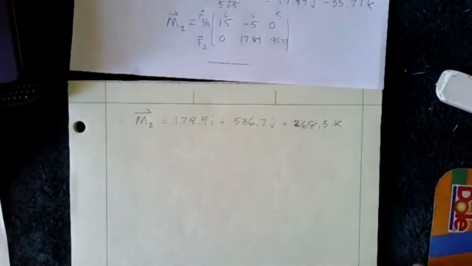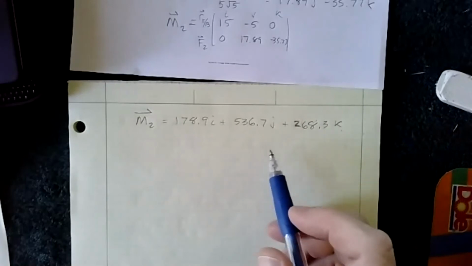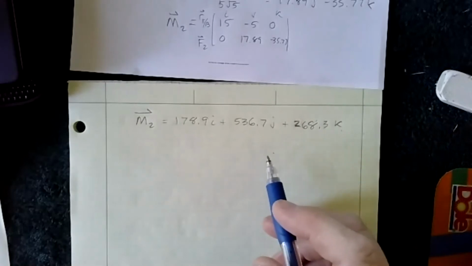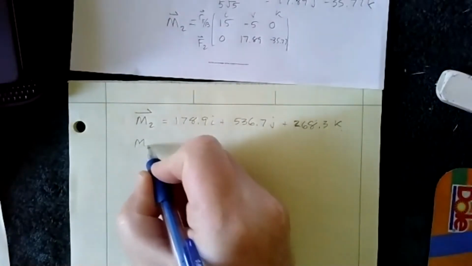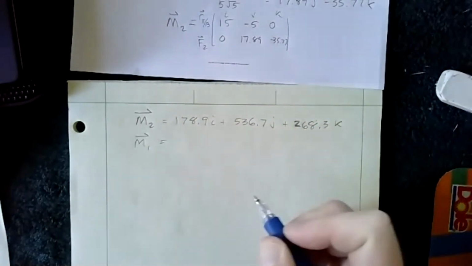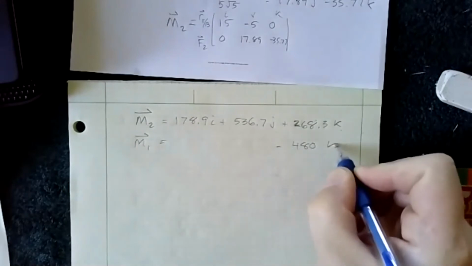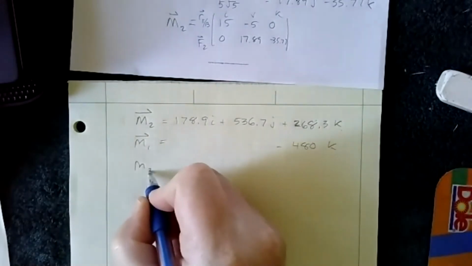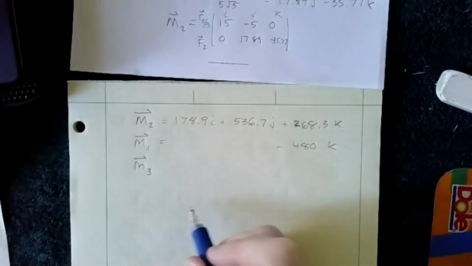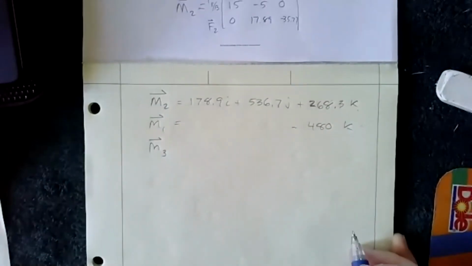So that's M2. Now let's bring in M1. We know M1 was equal to negative 480K. And then we'll bring in M3 last, and then we'll add them. So let's leave that space for now.